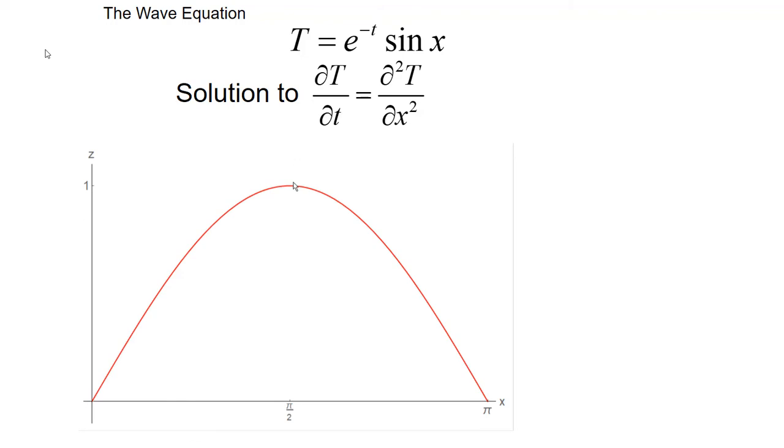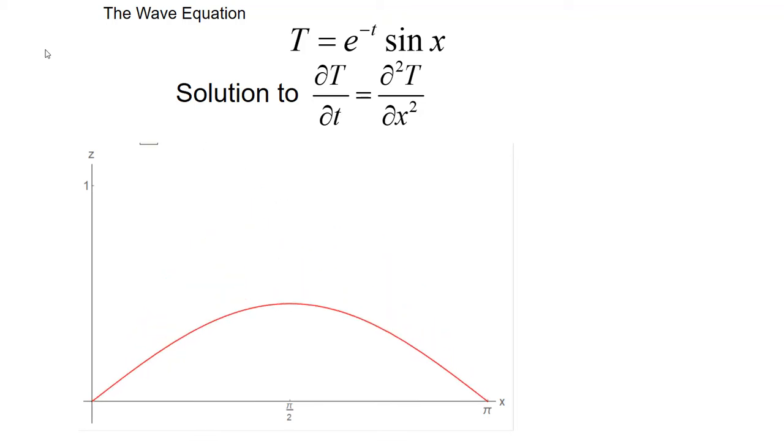Now when it starts, we see that we have the temperature profile here where the second derivative with respect to position is negative. So that means that dT by dt will be negative, and then our situation will cool. So let's let it cool for a little bit, and then just stop it after a while. Now we see that the second derivative is still negative, but it's less negative than it was originally.